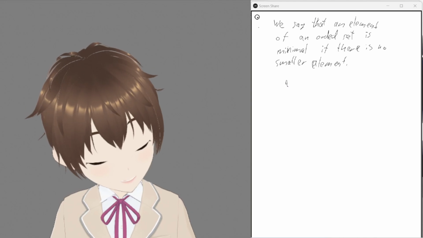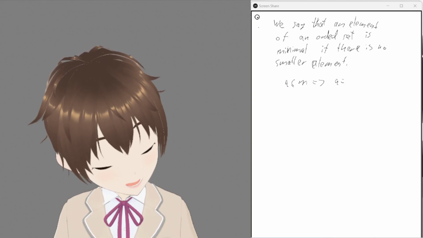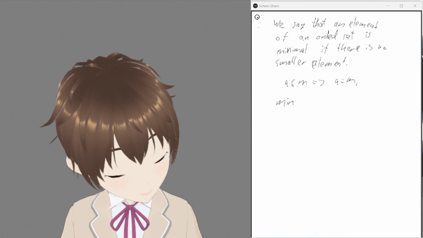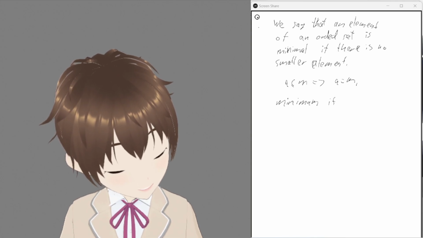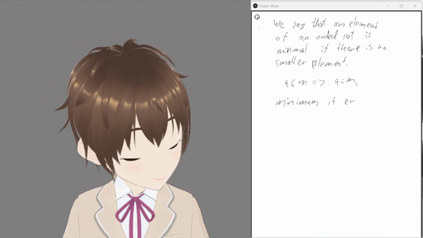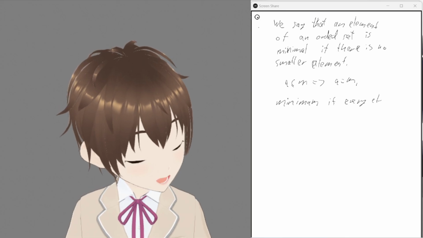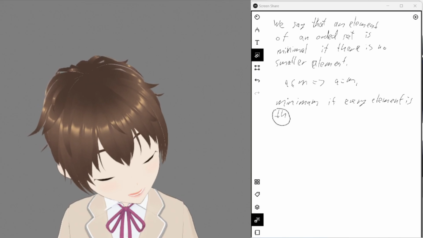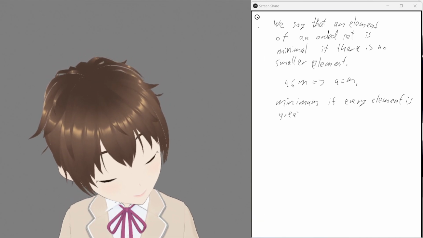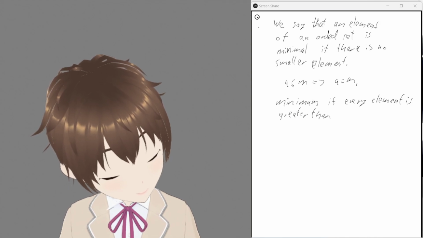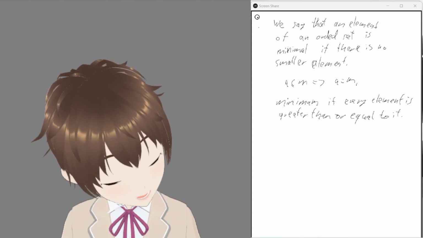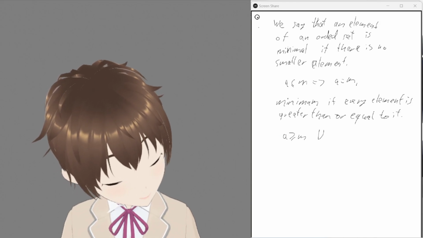I.e. m is minimal if a less than or equal to m implies a equals m. And we say minimum if every element is greater than or equal to it, every element of the set on which the order is defined is greater than or equal to it, i.e. a is greater than or equal to m for all a.